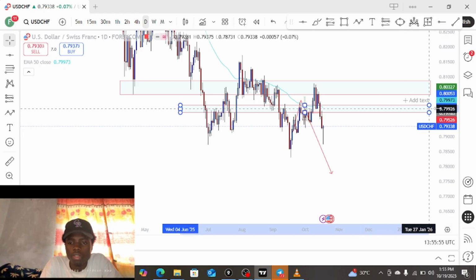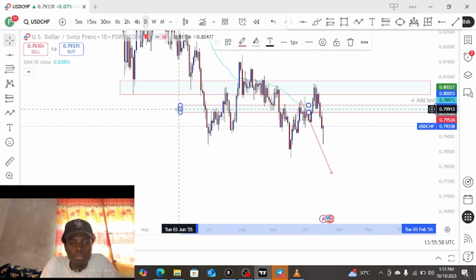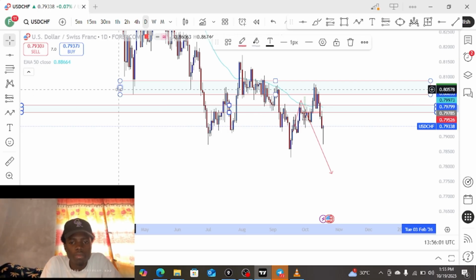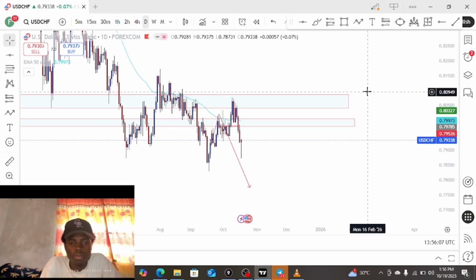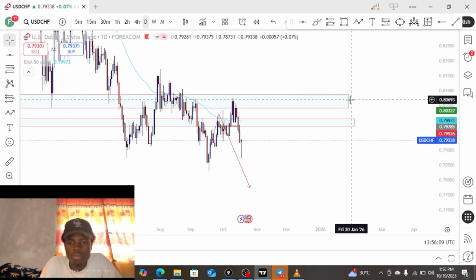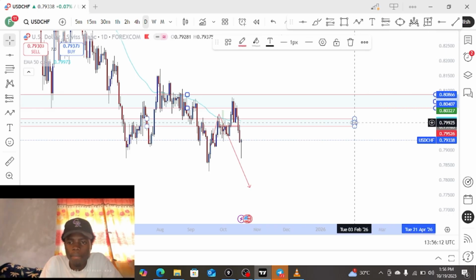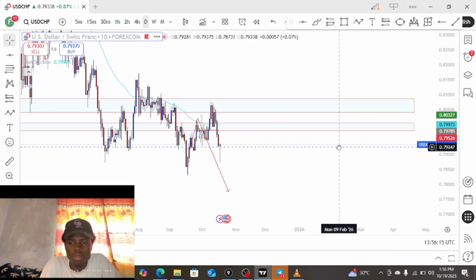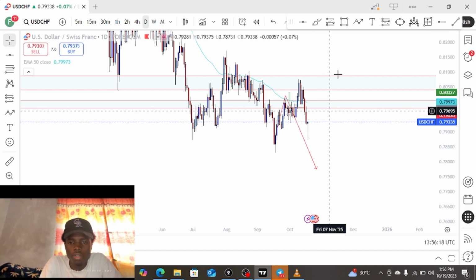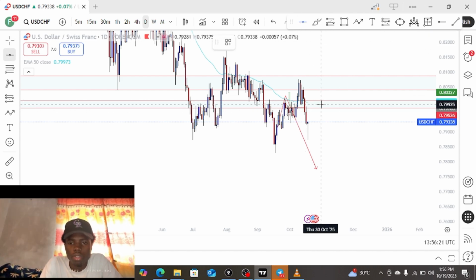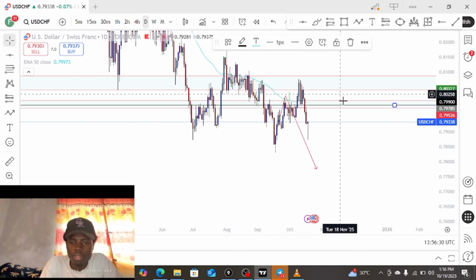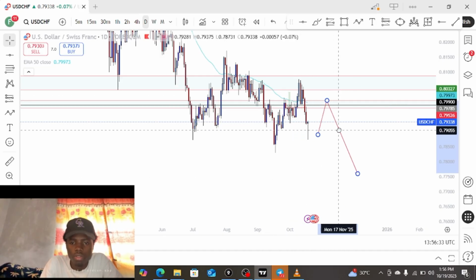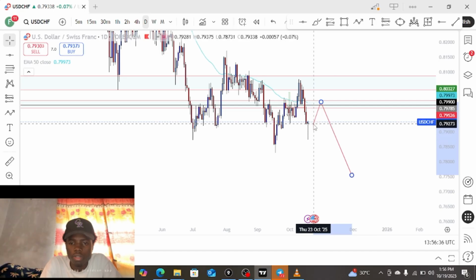Waiting for this retracement. That's what I'm waiting for. I call this kind of 900. So I'll just wait for this right here, and then I'll take the trade.